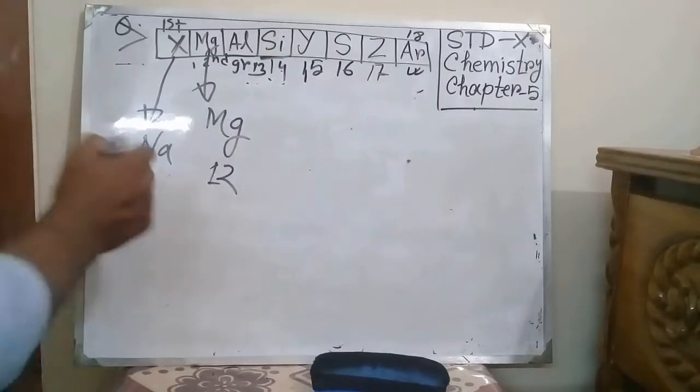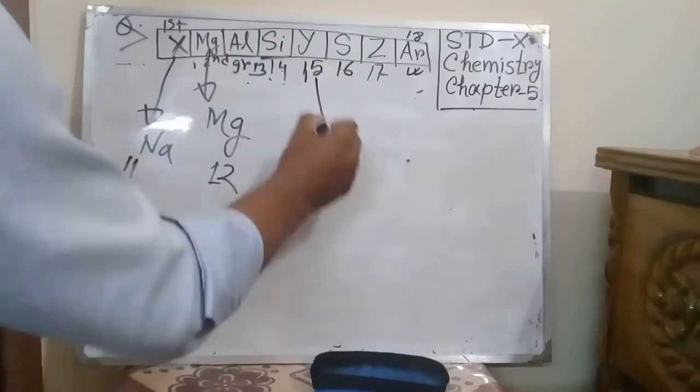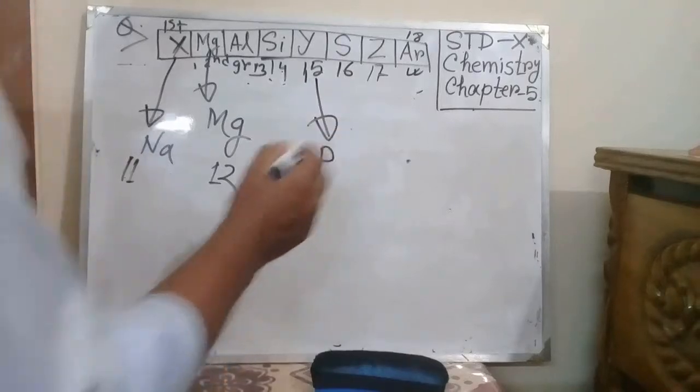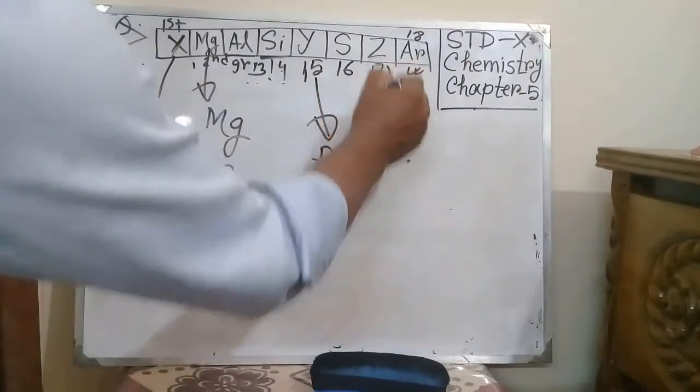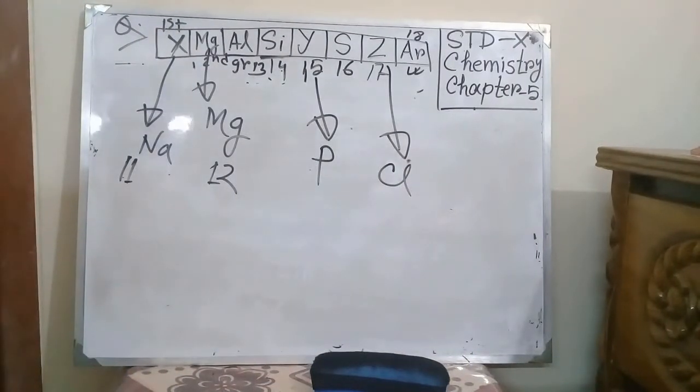The atomic number of sodium is 11. And what is this? Of course phosphorus, and this one chlorine. So we have detected what X, Y and Z are: sodium, phosphorus and chlorine.